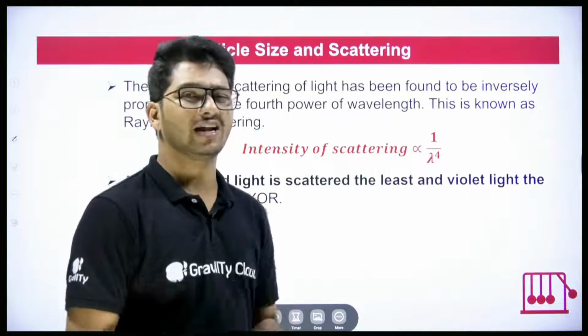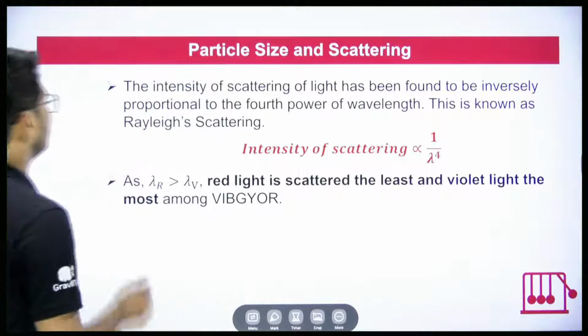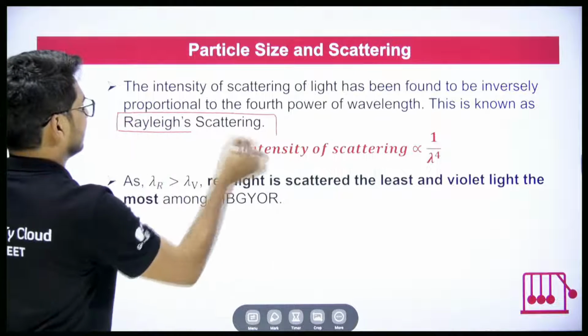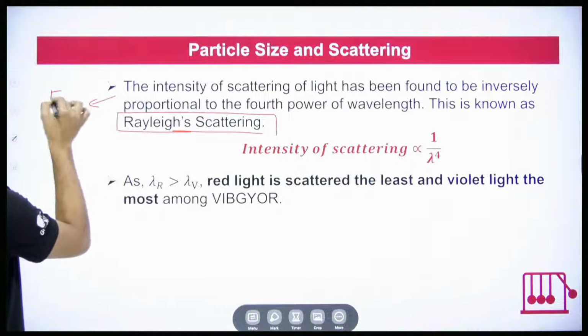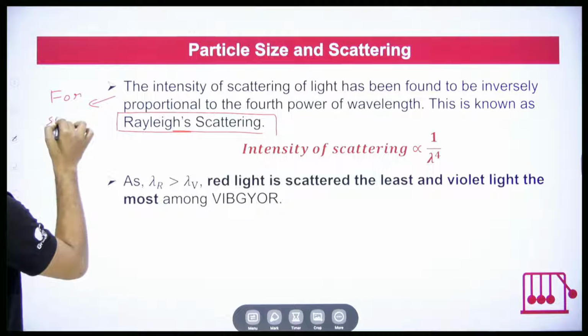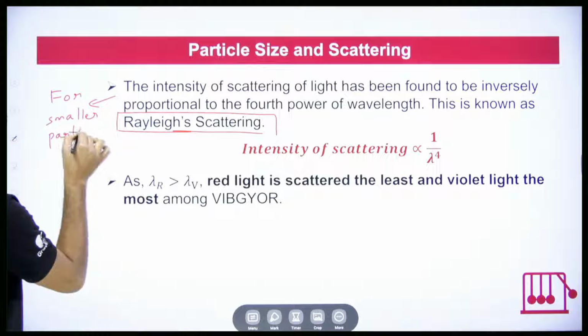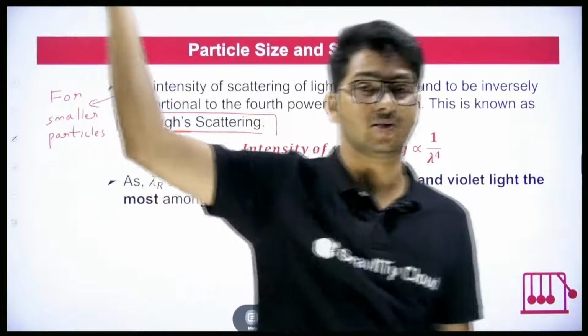But again, there is something called Rayleigh scattering. Rayleigh is a scientist. This is applicable for smaller particles. When I say smaller particles, in your brain you have to imagine nitrogen, oxygen molecules.